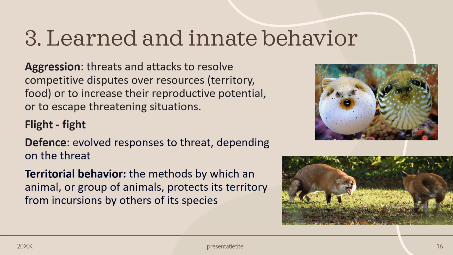Then you have fight and flight. I think you know that. Flight is when you feel threatened and you run away. And fight is the opposite reaction: I feel threatened and everything in my body, it's a kind of instinct, will be prepared to fight. So all of these behaviors we see on this slide, aggression, fight, flight, defense, territorial behavior, are innate behavior.